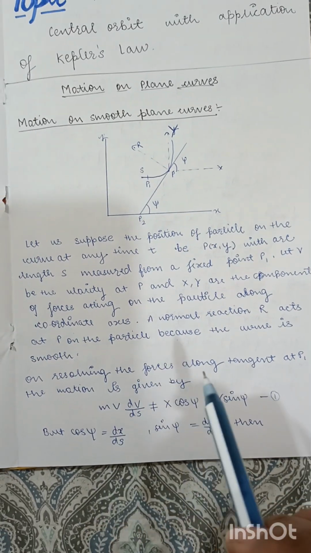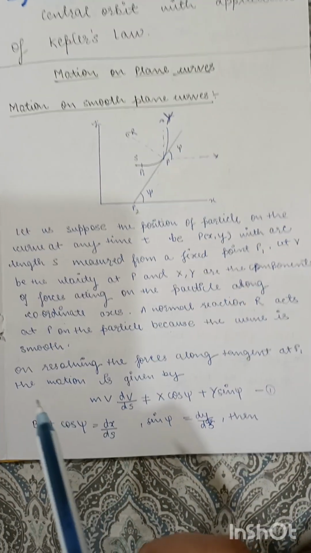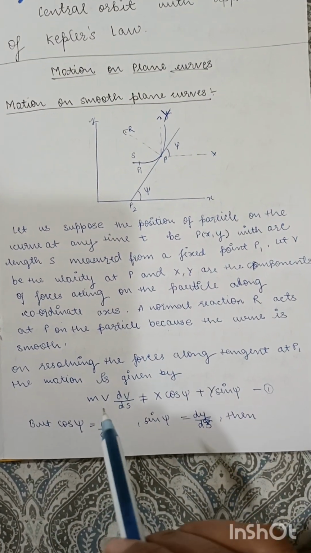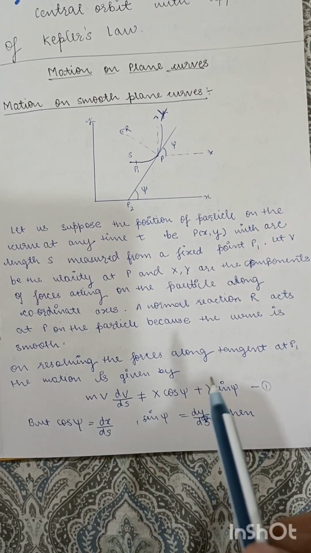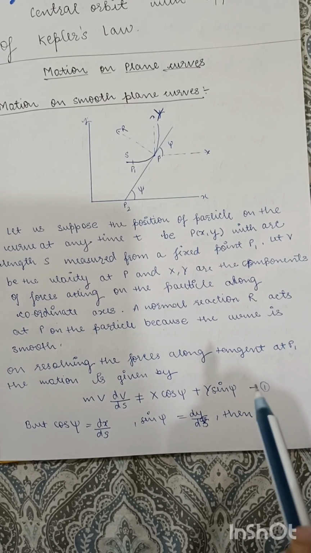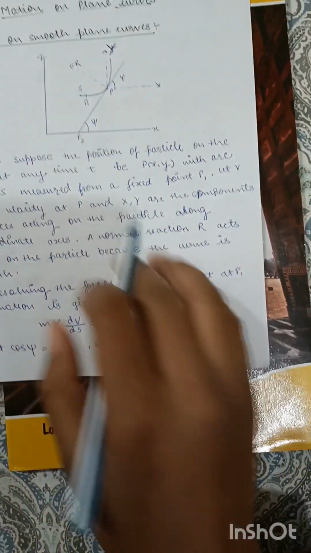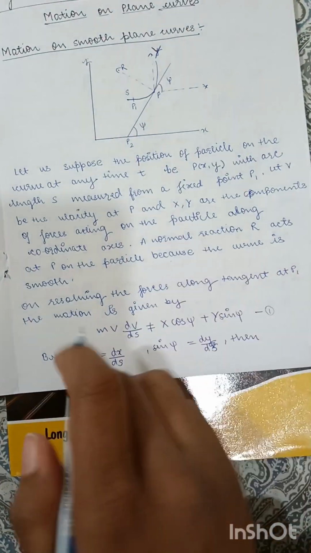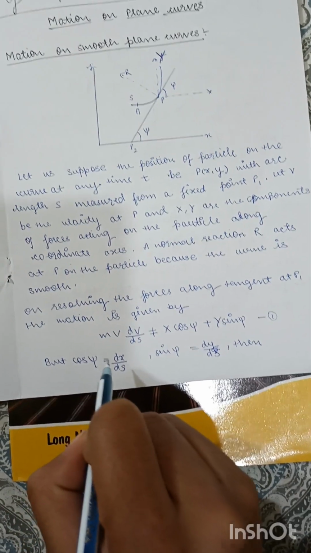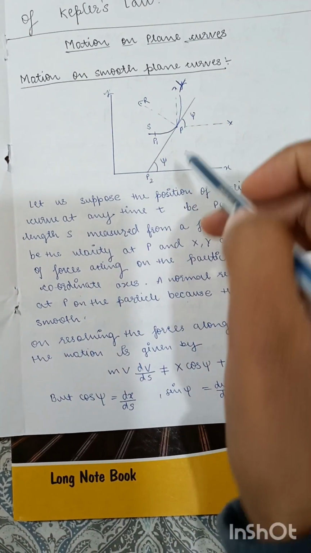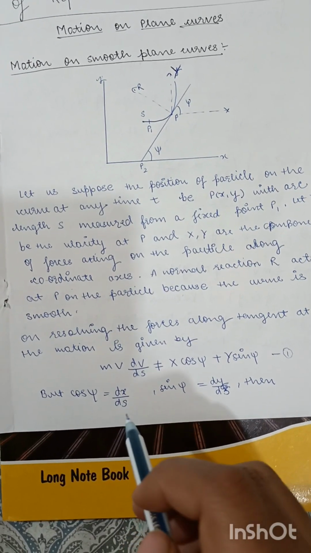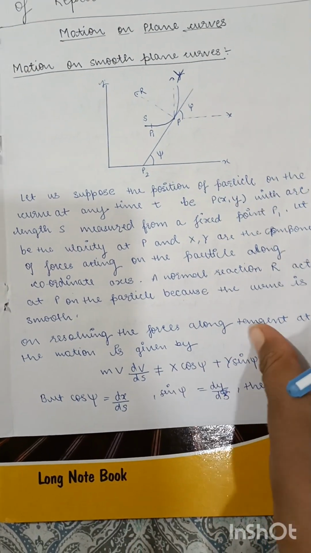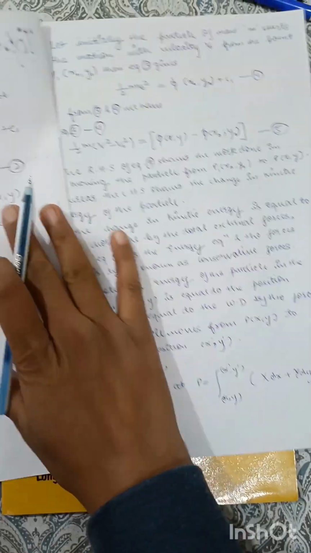On resolving the force along the tangent at P, the motion is given by mv dv/ds equals X cos psi plus Y sin psi. Call this equation 1. From this figure we can conclude that cos psi equals dx/ds and sin psi equals dy/ds.